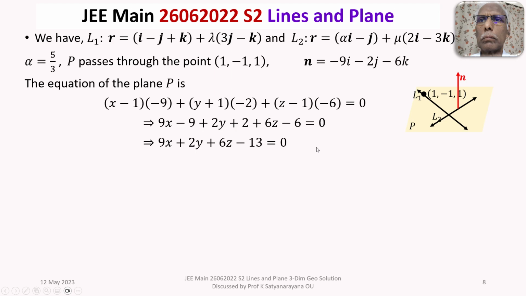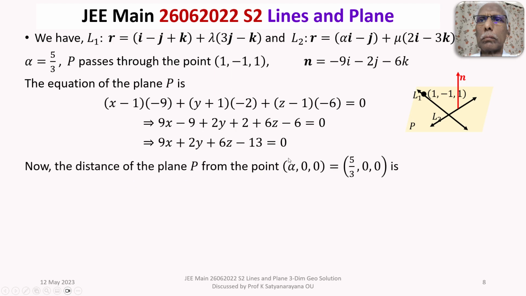Now what is it that we want? We want the distance of this plane P from the point (alpha, 0, 0), where alpha is 5 by 3, that is (5/3, 0, 0).